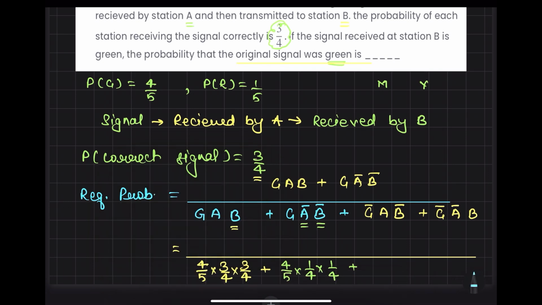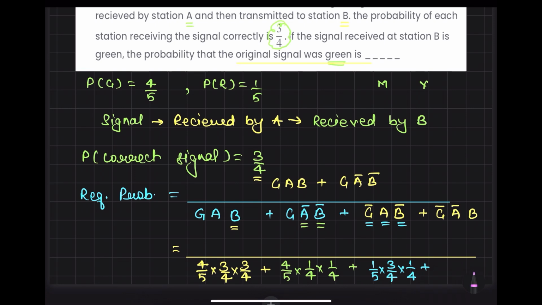Now, this is not green. Not green means what? Red. So what is the probability of getting red? It is 1 by 5. Then correct signal by A. So getting correct signal is 3 by 4. This is wrong signal by B, means 1 by 4, plus.